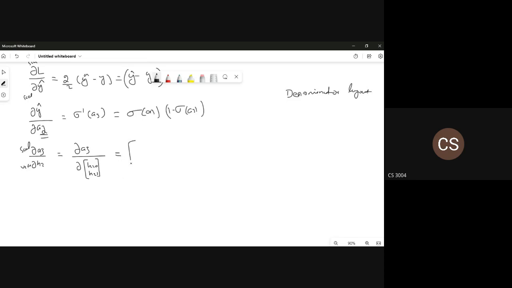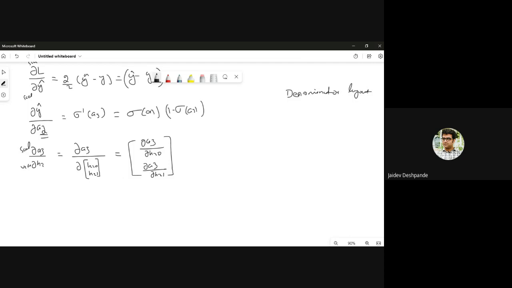So I'm just going to compute dou a3 by dou h2 0, and then dou a3 by dou h2 1. It seems quite natural in this case. In the next step, when we encounter vector by vector, with a vector in the numerator and a vector in the denominator, then this layout makes sense. You have to be consistent in following a particular layout. If you are following the denominator layout throughout the computation, you have to stick with it.